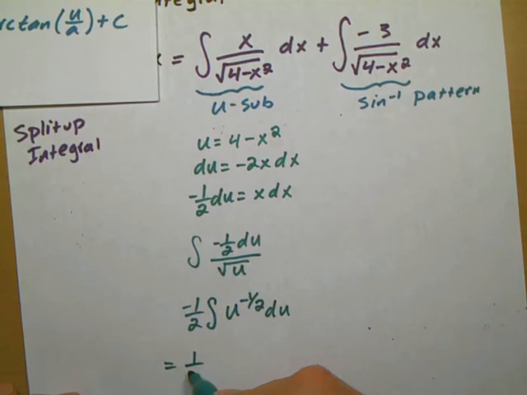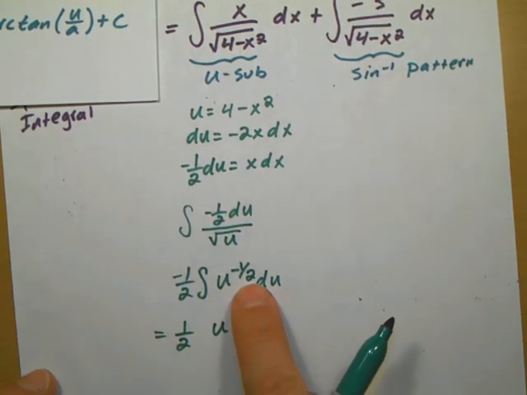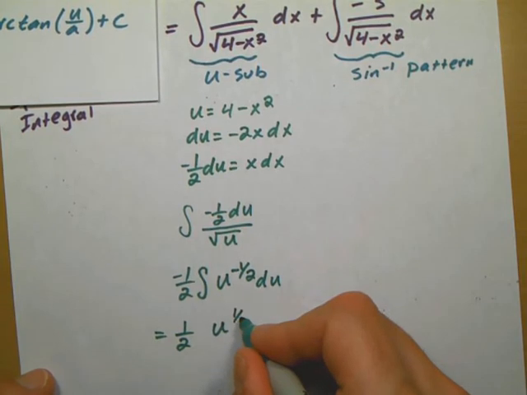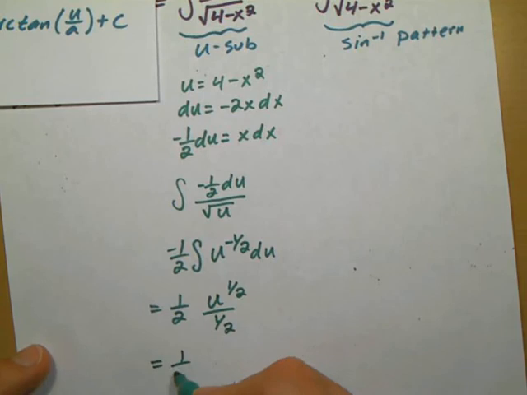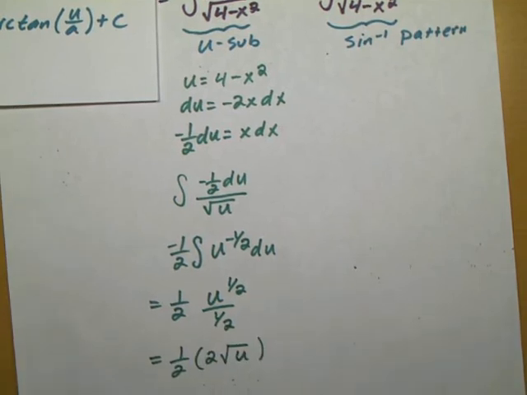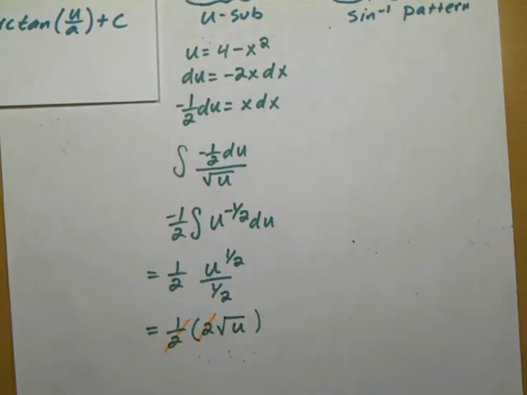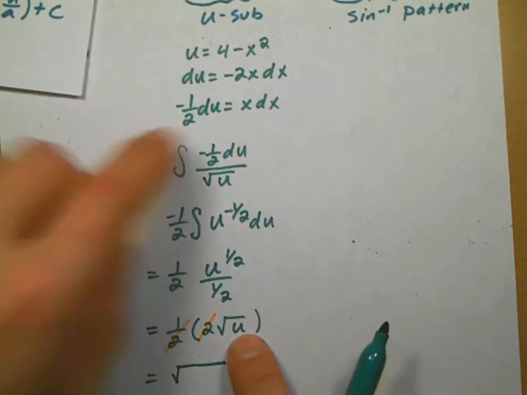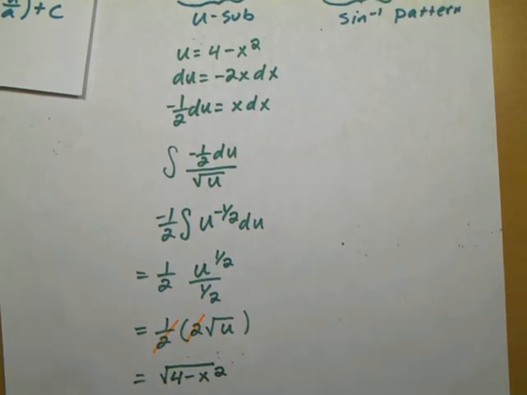Now I apply the power rule, which says add 1 to the power, so it's positive 1/2 over 1/2. I get 1/2 times 2 square root of u, and I can cancel these off. What I have left over is the square root of u, which I initially set as 4 minus x squared, so the square root of 4 minus x squared for this part.